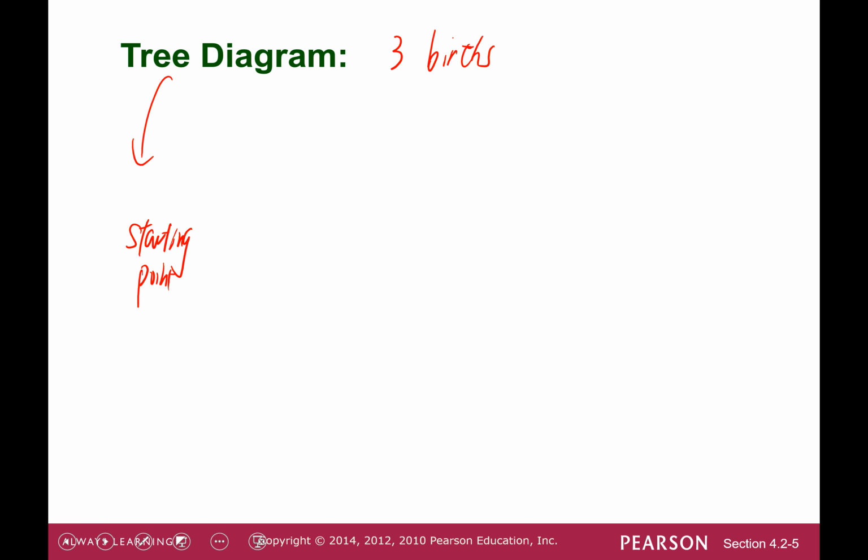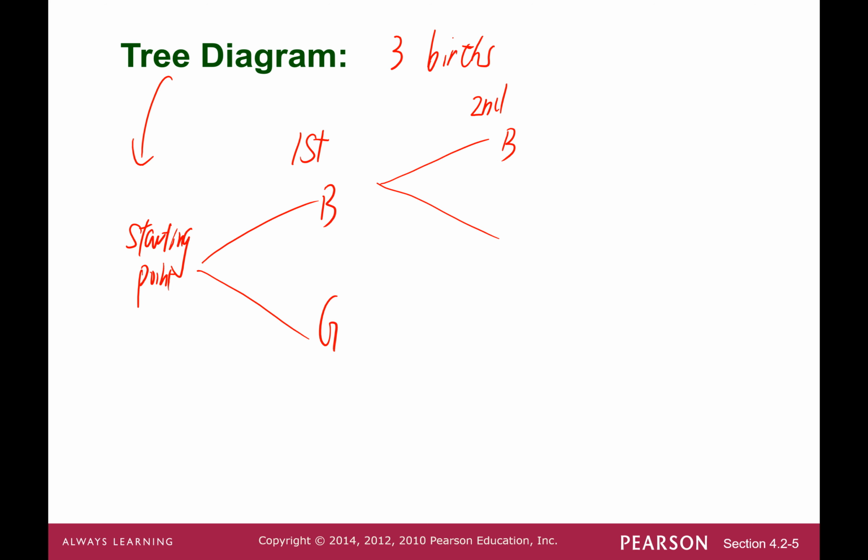It looks like the branches of a tree. This is the starting point. I have the first birth: you have a boy or girl. Then you go to the second birth, and the graph looks like a tree. Second child, boy or girl. By the time you get to the third one, still similar: boy, girl, boy, girl.